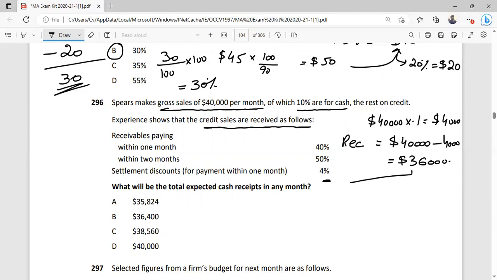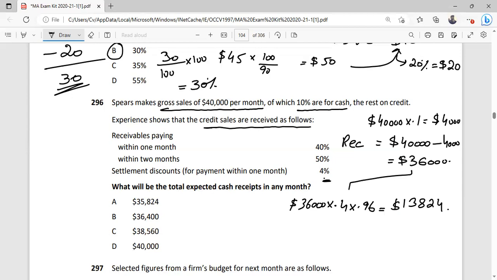So 36,000 into 0.4 into 0.96, which means out of this 40% there will be a discount of 4%, and we will receive net value of 13,824.